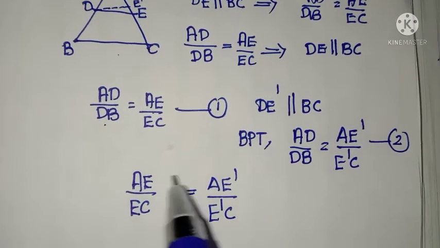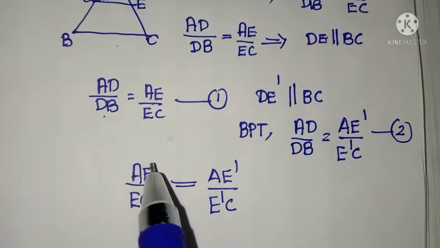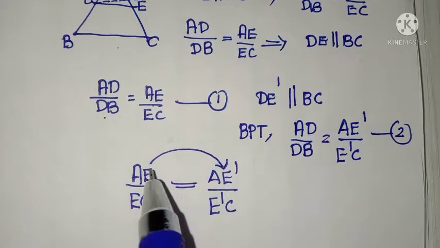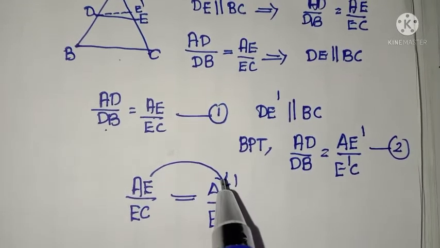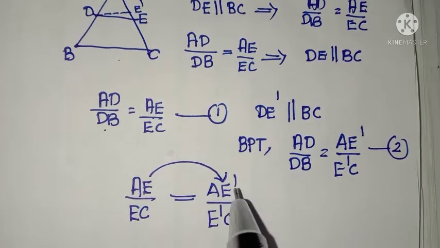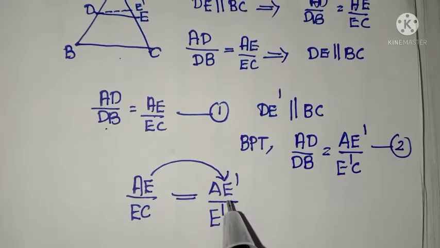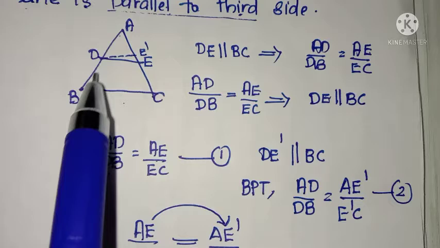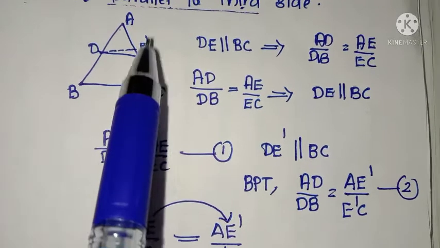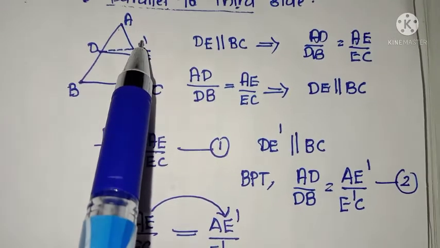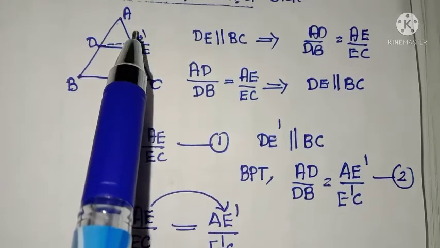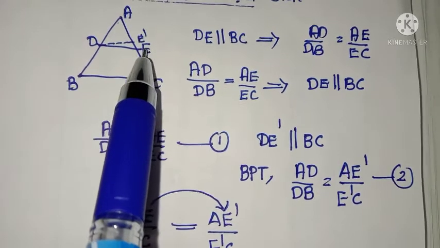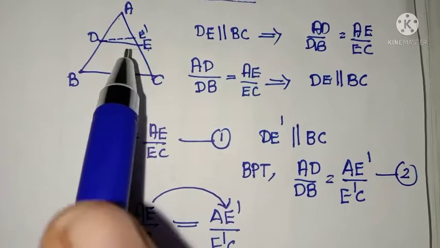Listen, these two ratios are equal, which means, see the points E and E dash. E and E dash must be the same point. Then only these two ratios are equal. That is, these two ratios are equal only when E dash and E coincide with each other, or both E dash and E are the same point.